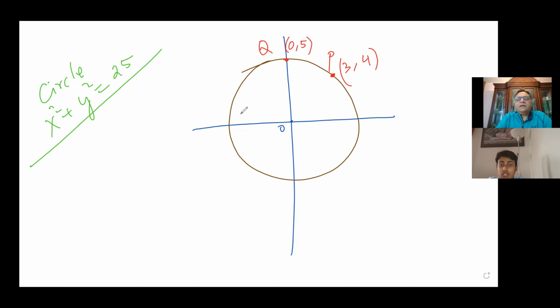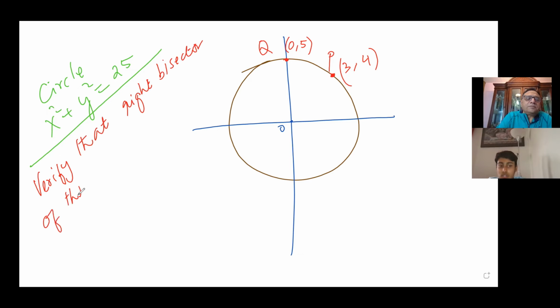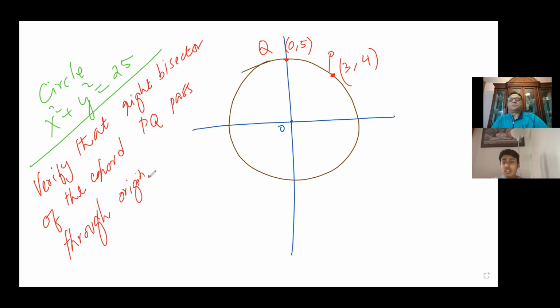So what you have to verify is that the right bisector of the chord PQ passes through the origin. Okay, sir. So for this one, we have to solve for the midpoint, slope, and y equals mx plus b, right, sir? Yeah, so do it and show me the solution.